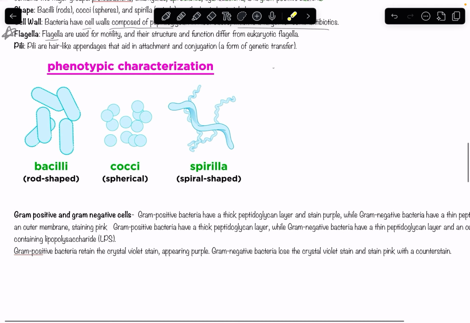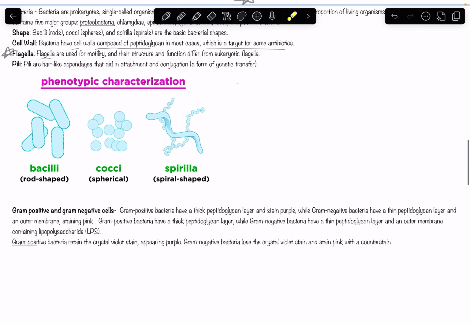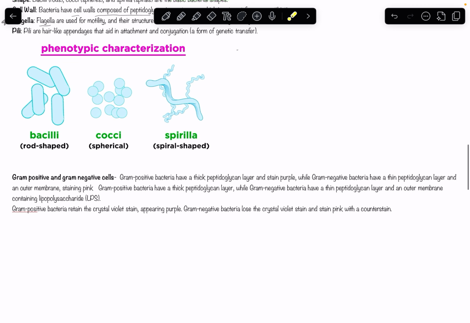You could break that down, it's like peptide, but definitely know the difference between the two. Gram-positive is thick, but gram-negative has a thin peptidoglycan wall, and it stains pink.